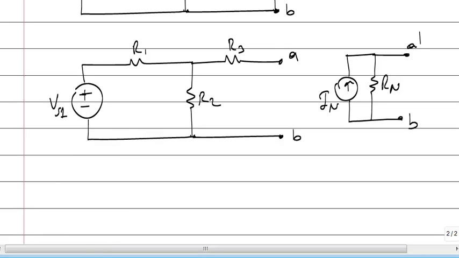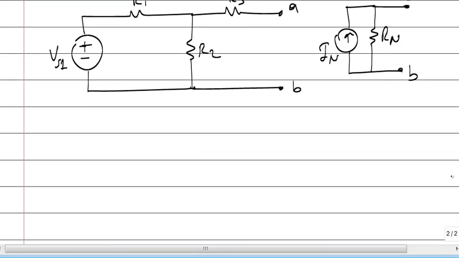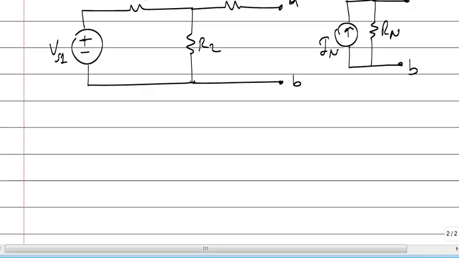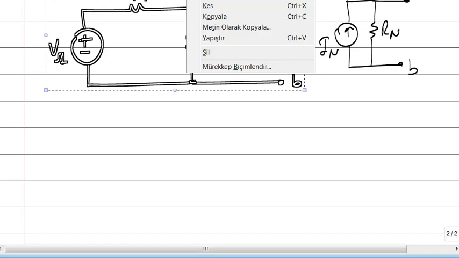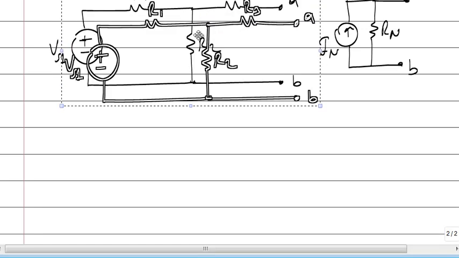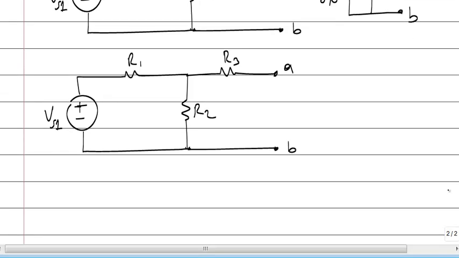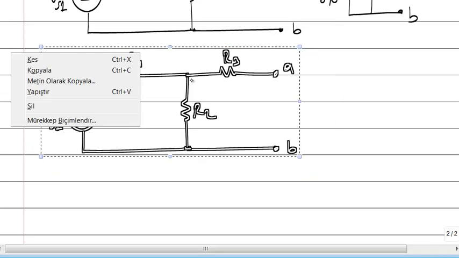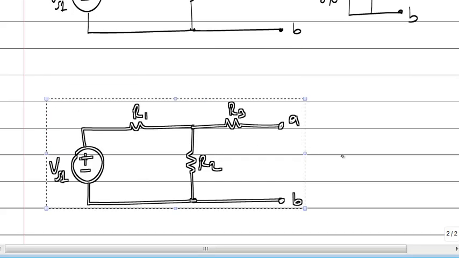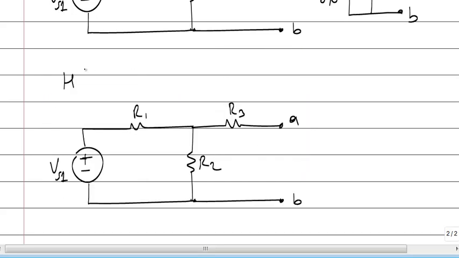So, let's calculate. This is our circuit whose Norton's equivalent will be calculated. Calculate I Norton.